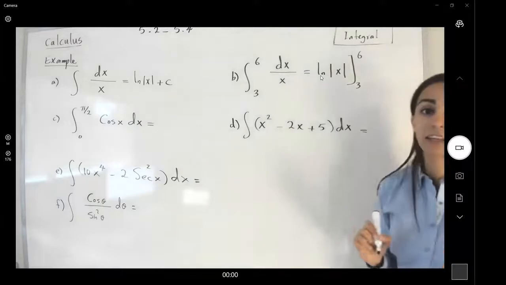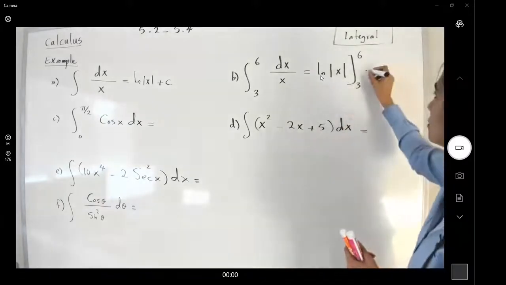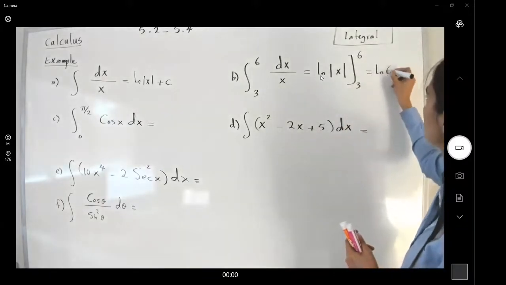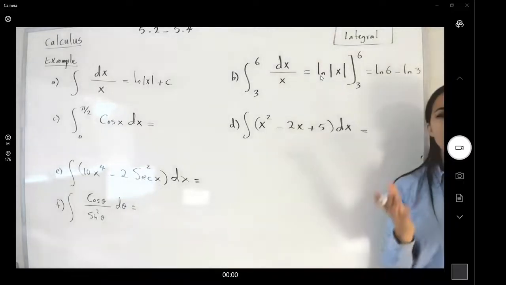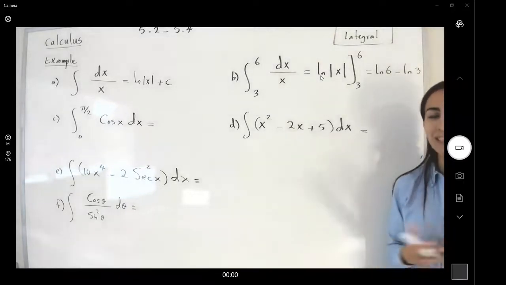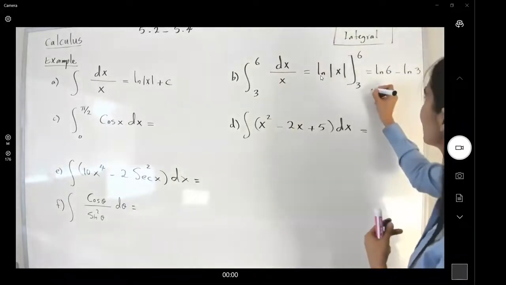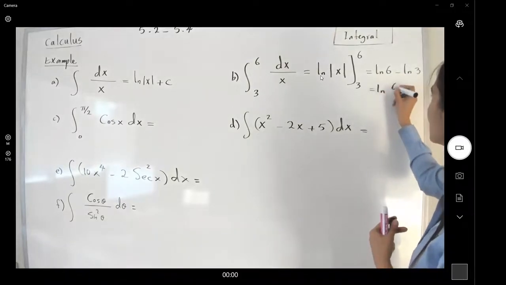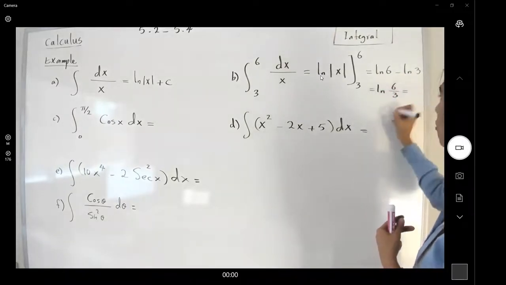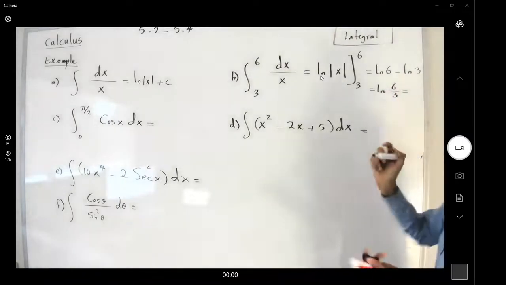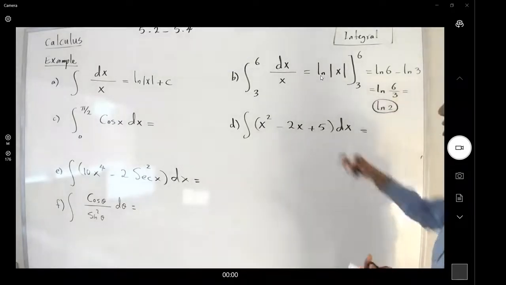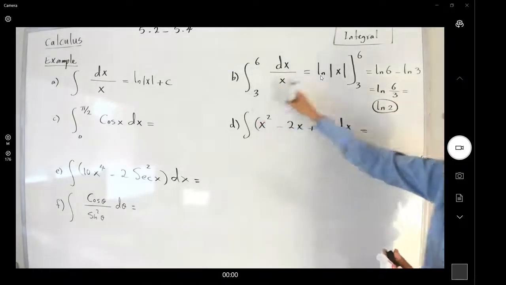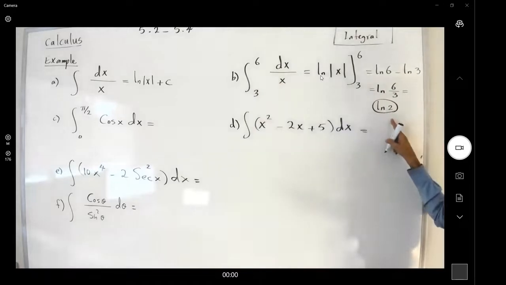They have a definite integral. So it is equal to ln of 6 minus ln of 3. But what we learned before in intermediate algebra is that it is equal to ln of 6 divided by 3, or it is just ln of 2. So this definite integral is equal to ln of 2.